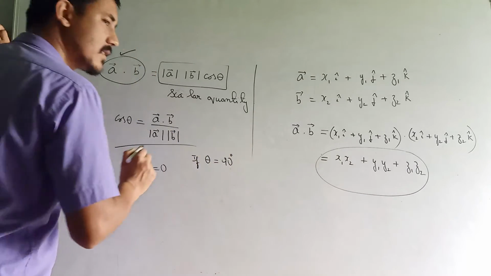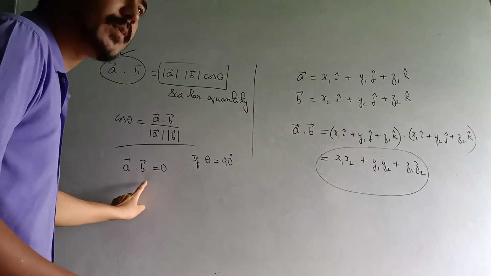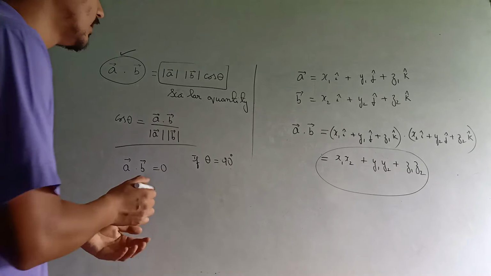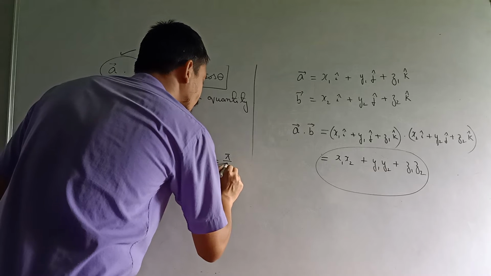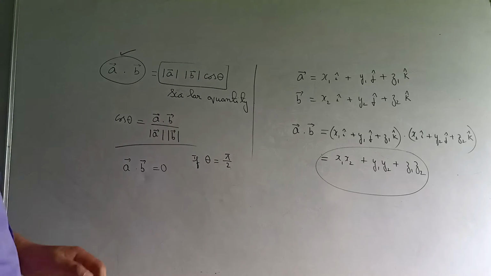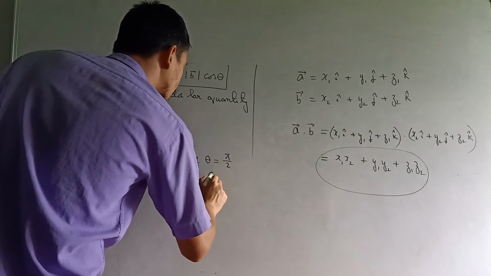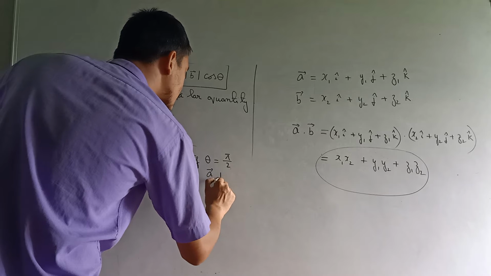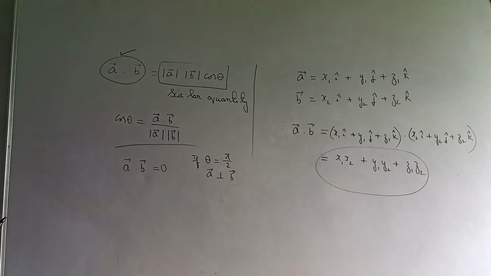That means only if the vectors A and B are perpendicular to each other. 90 degrees means pi by 2. So only if the angle is 90 degrees, pi by 2. Only then, that means if A is perpendicular to B, then their dot product will be 0.